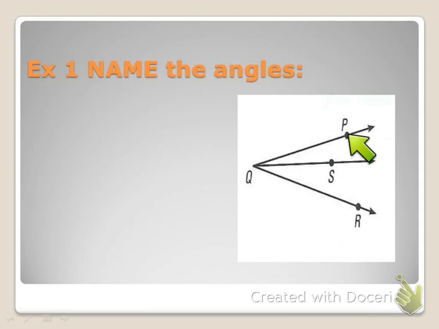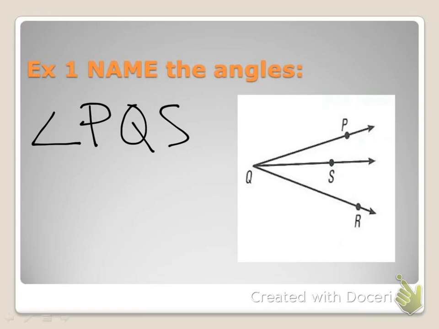So, where does this angle start? P. Then it goes down to Q. Then it goes to S. So this is angle PQS. Now you could also call it SQP. That's the exact same angle, as long as the vertex is the letter that's in the middle.